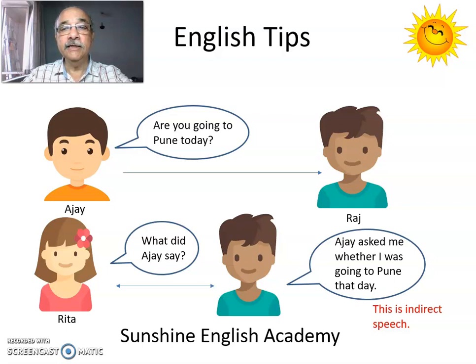Raj does not say, "Ajay asked me, are you going to Pune?" He says, "Ajay asked me whether I was going to Pune that day." So he tells Rita what Ajay spoke in such a way that Rita would understand what really was spoken by Ajay.